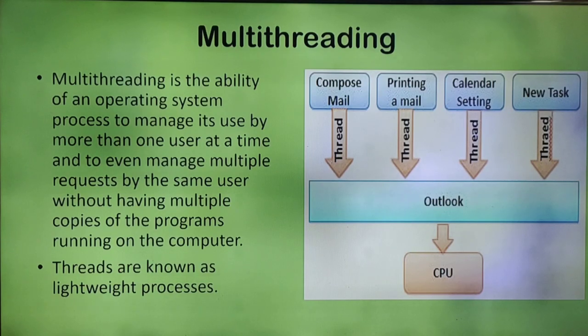You can also say that further division of task is thread. So, multithreading is ability of operating system to manage its use by more than one user at a time and to even manage multiple requests by the same user without having multiple copies of the program running on the computer.